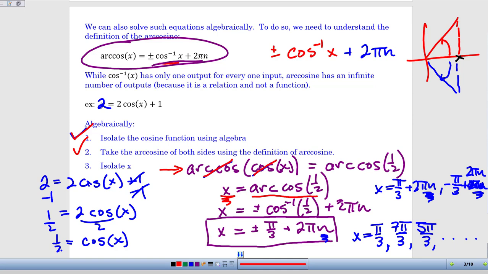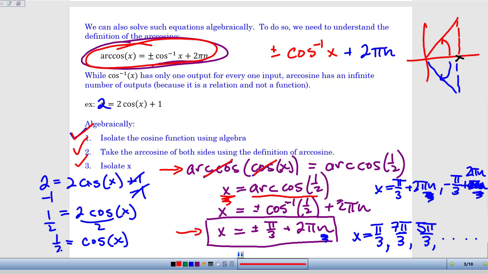So that isolates the x. And then we've got to apply this definition of arc cosine that's based off of the inverse cosine that generates that infinite solution set, which we got in the box here.